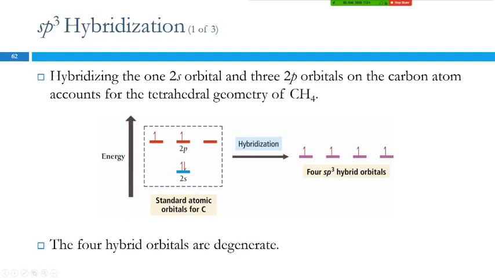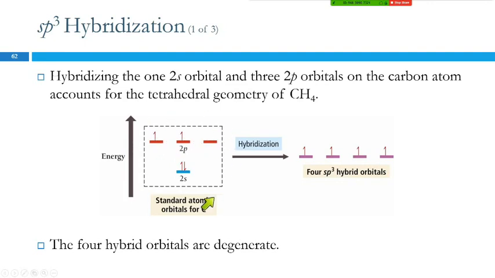So we're going to look at what happens in CH4, methane. Here we have an orbital diagram for carbon. There's a 2s orbital that has 2 electrons in it, and we have 3 p orbitals here, and they'll each have 1 electron.